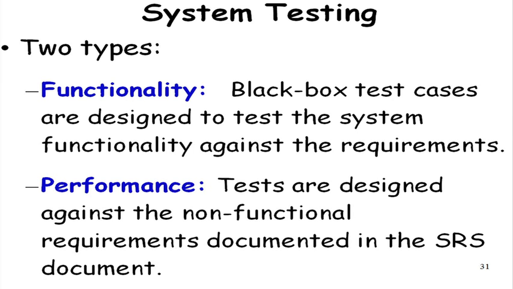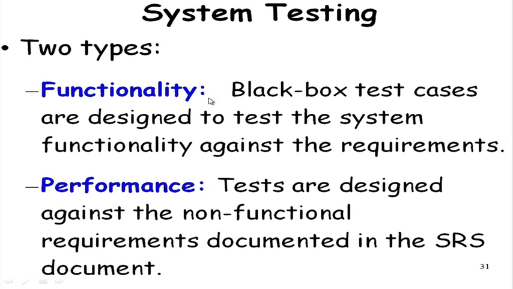So, we find out what are the high level functions or the use cases and what are the scenarios, and then we do the functionality test, which are basically black box test cases, because we do not have access to the source code during system testing.